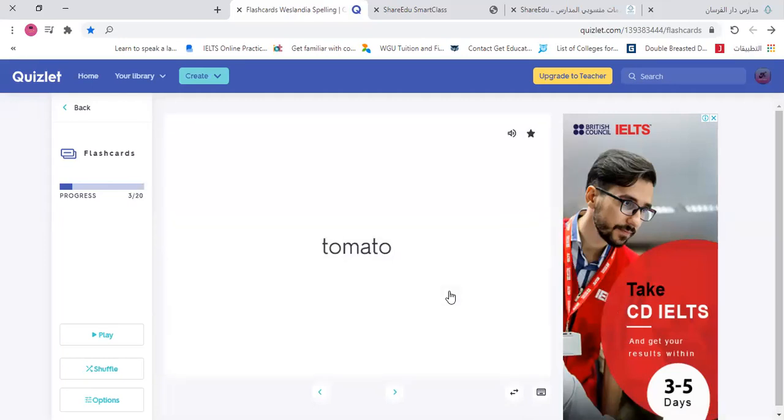The origin of this word comes from the Native Americans. You remember the Indians who lived in America before the Americans? Those are the people who brought the name tomato into English. The English language didn't know what tomato meant until they learned it from those Native Americans.